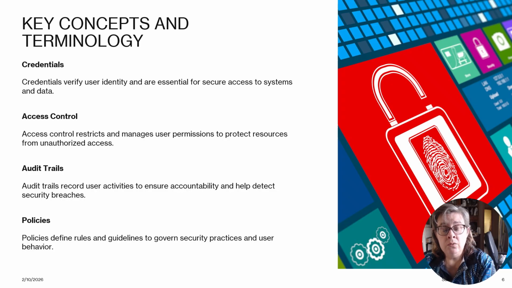Access control restricts and manages user permissions to protect resources. Audit trails record user activities to ensure accountability and to help detect security breaches, and policies define rules and guidelines to govern security practices and user behavior. So you need all of these things and more, okay?